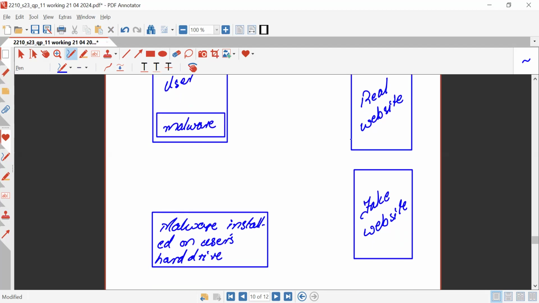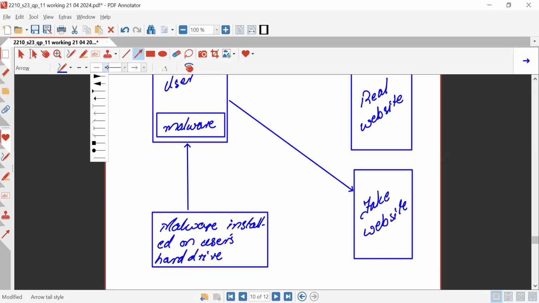Now just because of this malware, what is happening? It will be going in this direction instead of this direction.